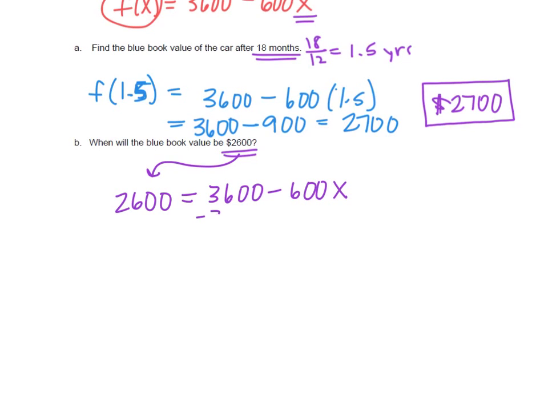So to get x by itself, we're going to subtract 3,600 first. So negative 1,000 is equal to negative 600x.